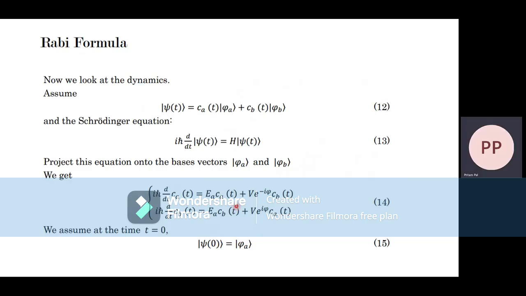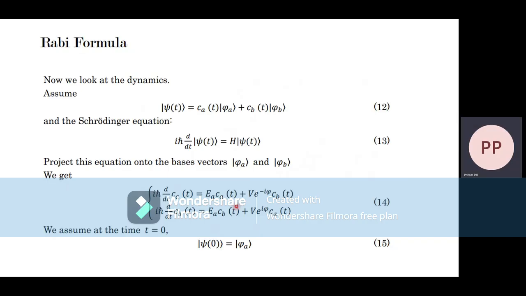So now we will look at the dynamics. Suppose we are considering a wave function which is basically a linear superposition of two states. Now if you consider the normalization, you will get mod of CA squared plus mod of CB squared equal to 1, right?